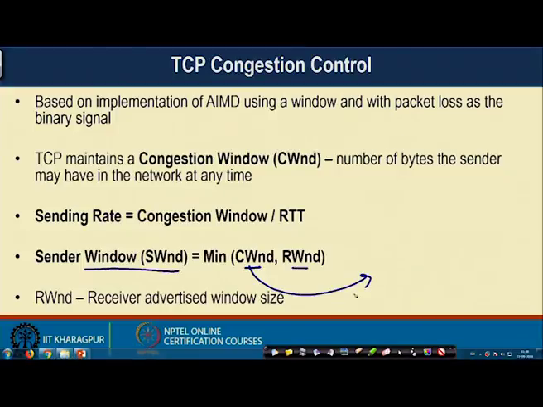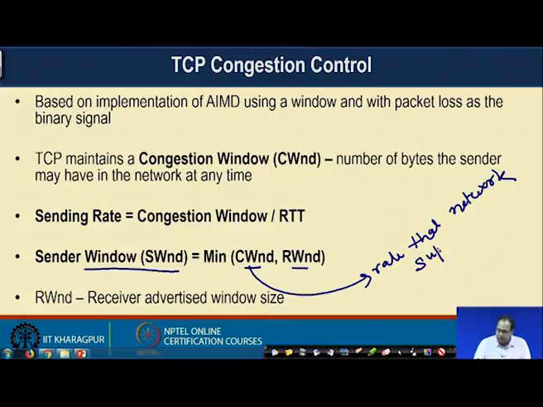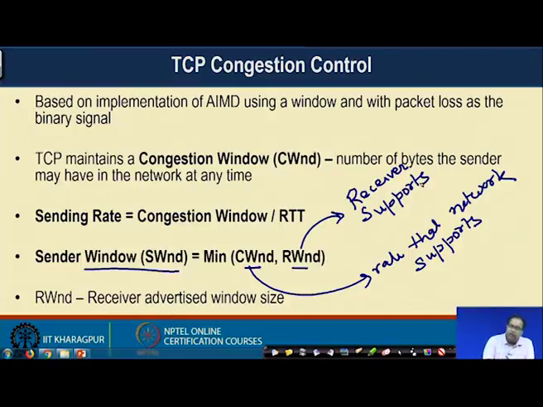So, this congestion window is providing you the rate that the network supports, and the receiver window is giving you the rate that the receiver supports. And as we are getting the sender window, that is giving you the sending rate or the sender rate.